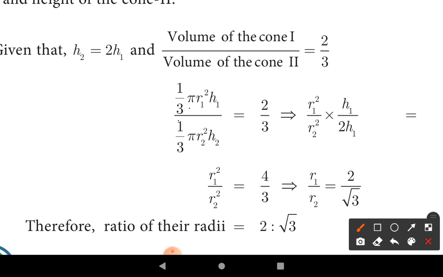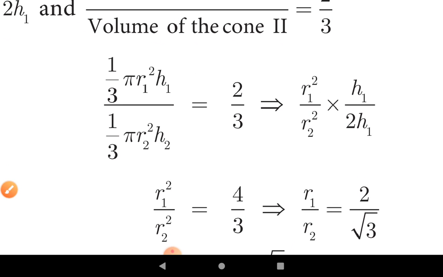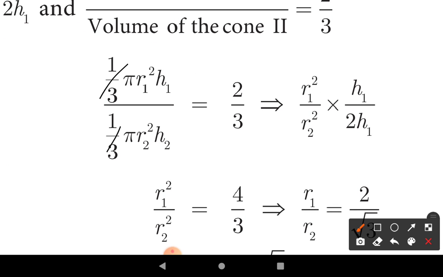Now here, this will get cancelled and this also gets cancelled because you can divide directly. And what is the remaining we got? r1 square h1 over r2 square h2, because here we don't have the same variable: here r1 and h1, and there r2 and h2.